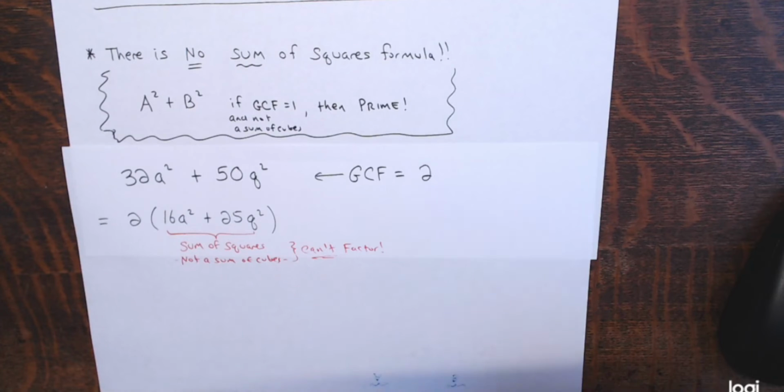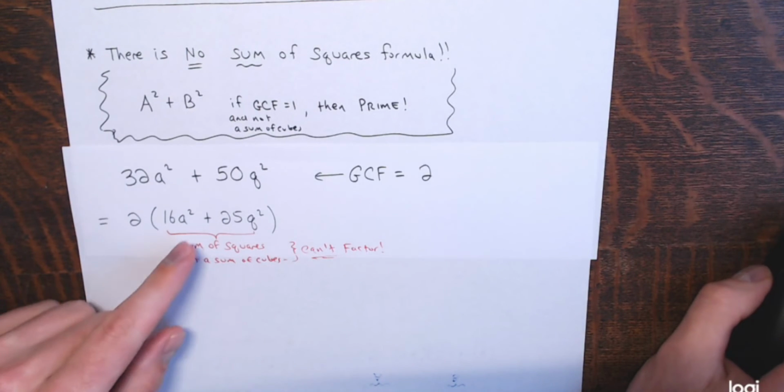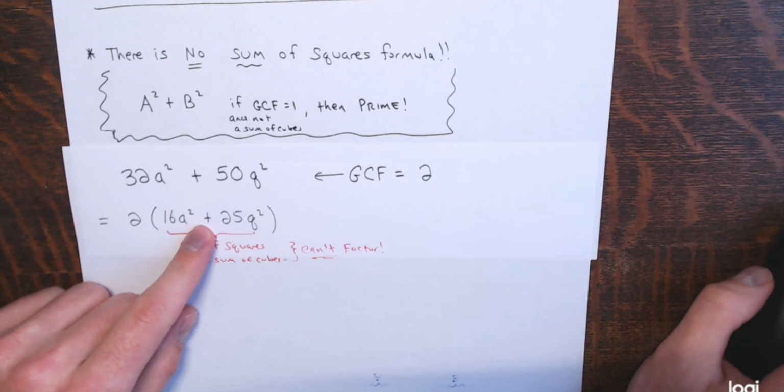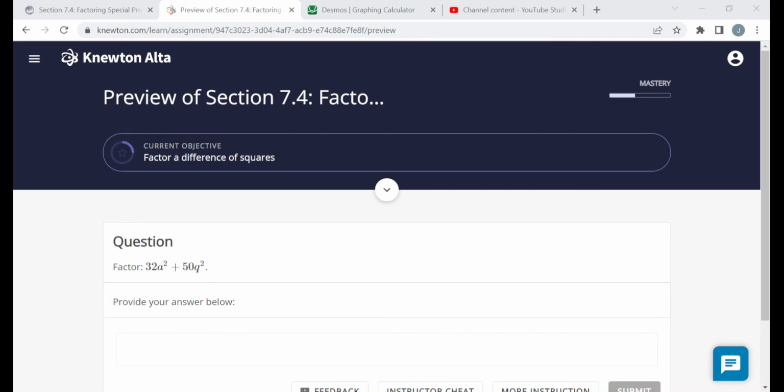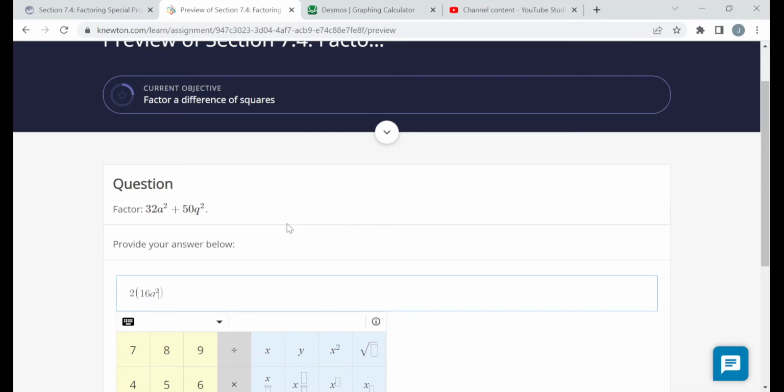That's all I'm doing, is pulling out the 2. Now if that was a minus, then I could factor it. All right, but it's not. It's a sum of squares, not a difference of squares. So all I can do is factor out the 2. And then we have 2 times 16a squared plus 25q squared, and close the parentheses there. That's it.